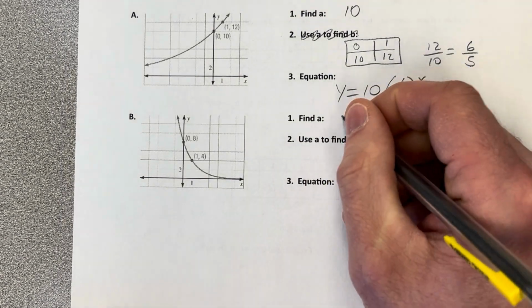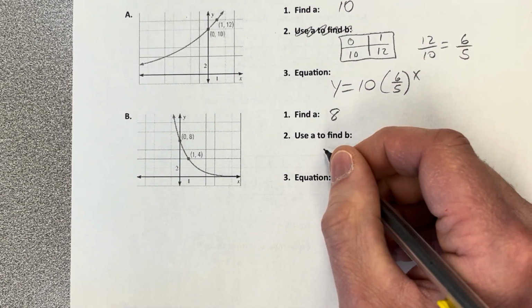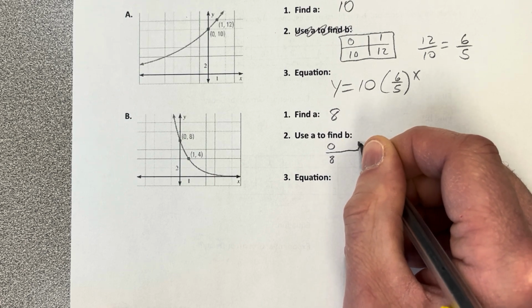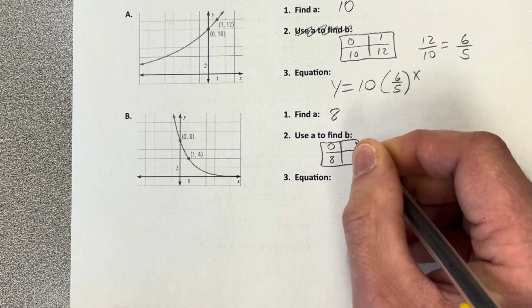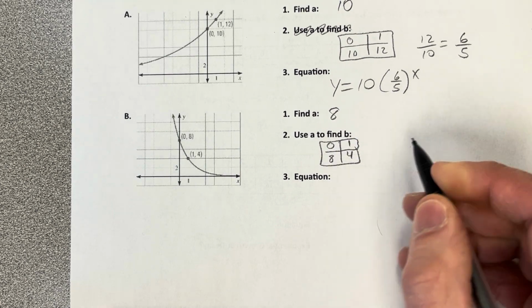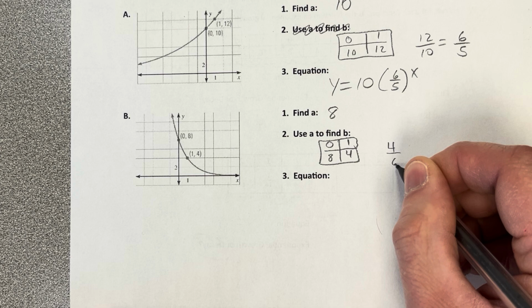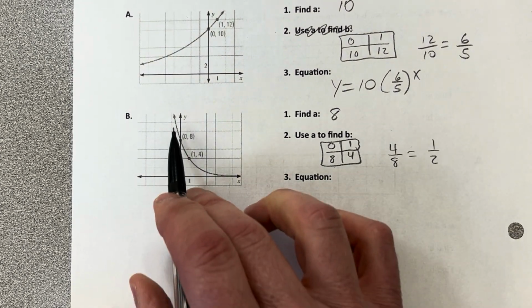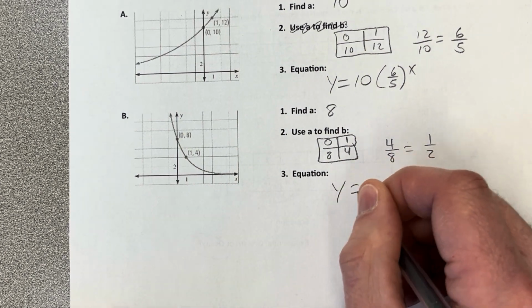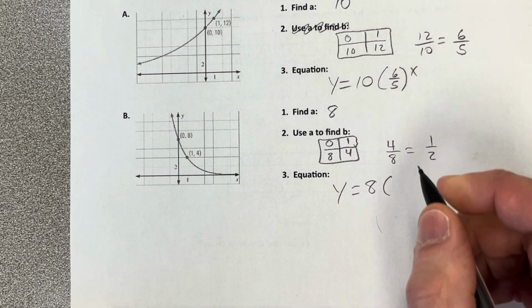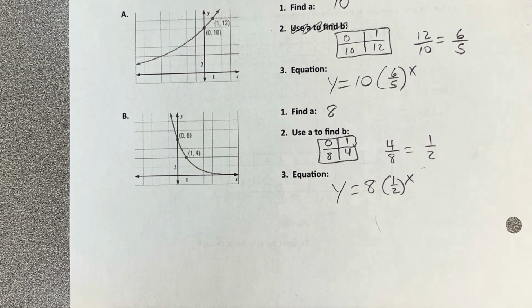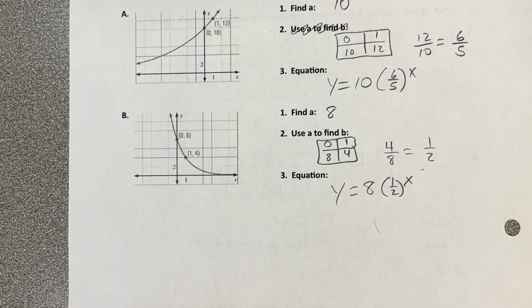All right, A is 8 on the next one. And then to go from 0, 8 to 1, 4, I can do 4 divided by 8, which is a half. So this is decay, isn't it? It's a decay of 1/2. So it's going to be y equals 8 times 1/2 to the x. And we are in good shape. Thanks for watching.